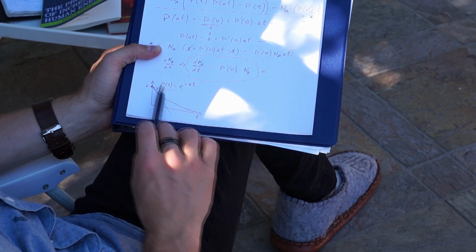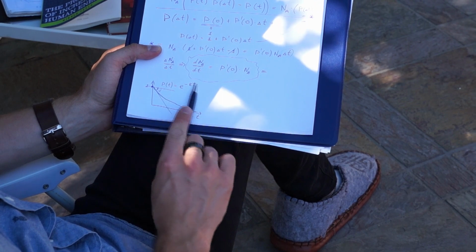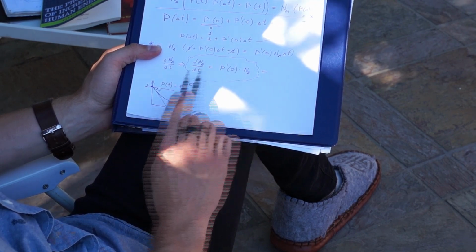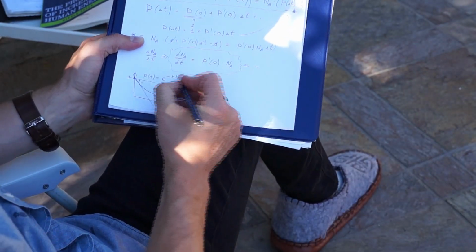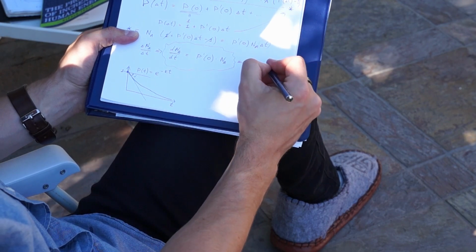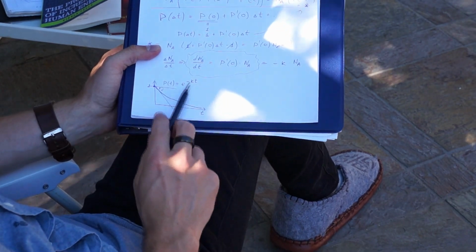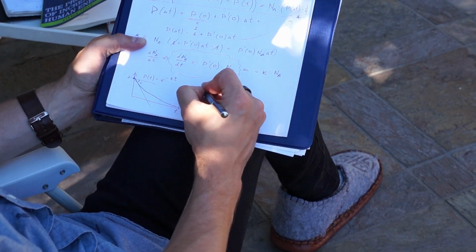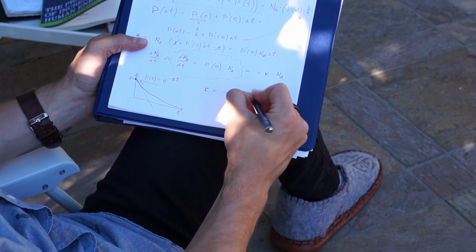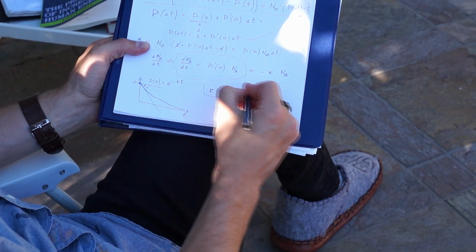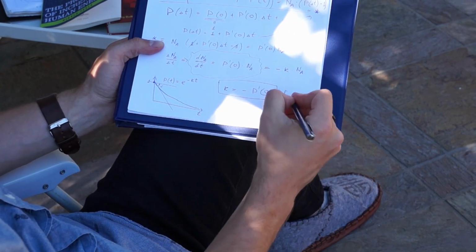Technically it doesn't have to be defined that way, but it's a very natural way of defining it as a constant, because that way this derivative is obviously a constant, and you can see it equals minus k times N_A. So if k is defined that way, k is the reaction rate, the negative derivative of the probability to survive at time equal to 0. And usually it's given in inverse seconds.